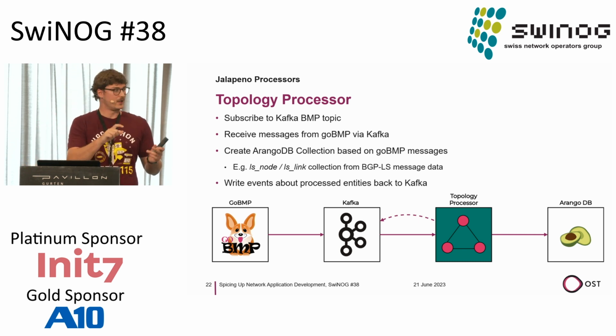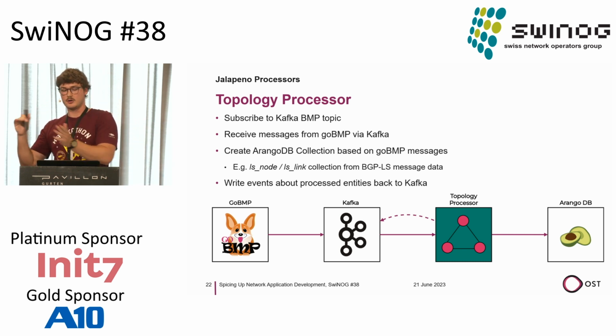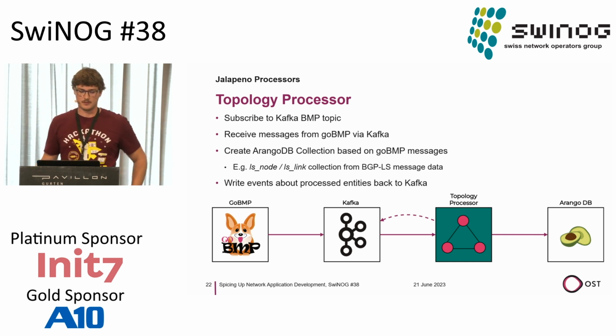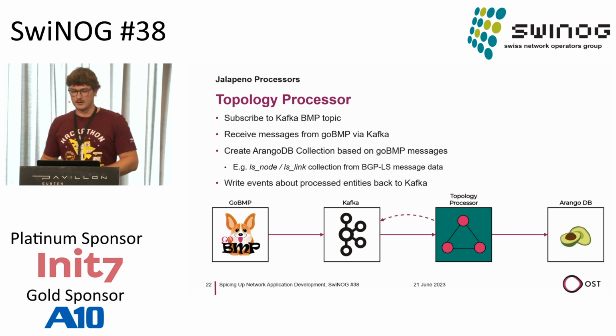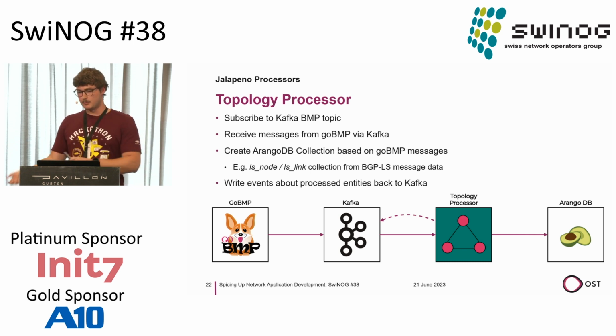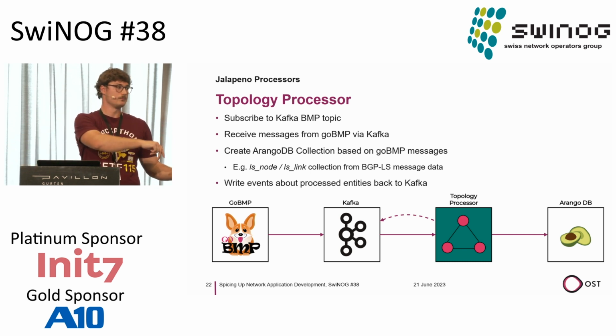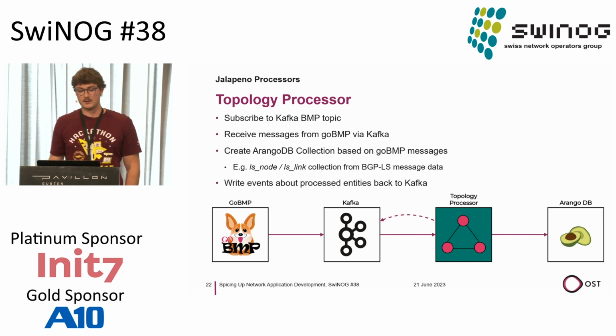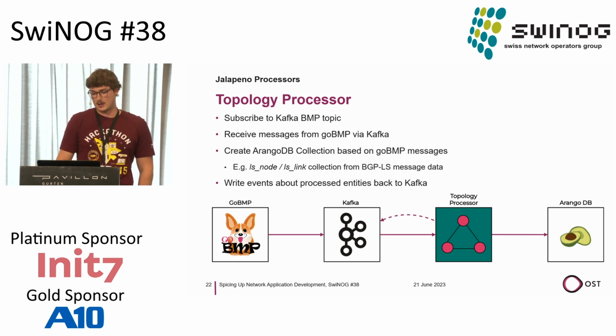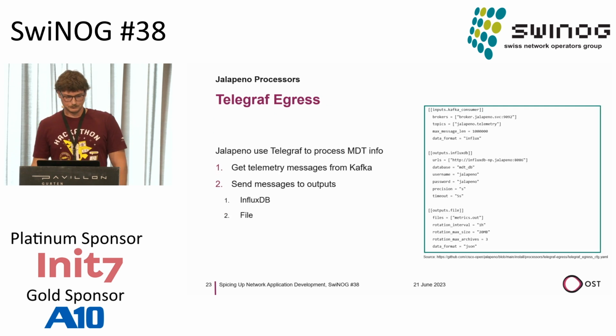And then it takes the different GoBMP messages and creates the ArangoDB collection of documents out of it. You will see that in a moment, for example, we have the ls node and ls link collection, which are coming from the BGP link state address family data. Also, when an element was processed, it writes back information into a topic so that other applications can get informed that the entity was processed completely.